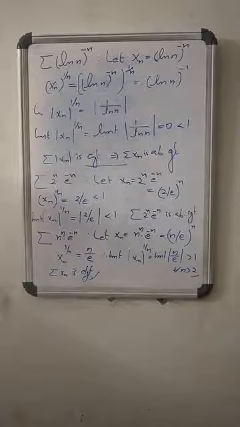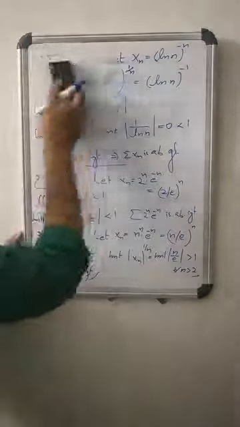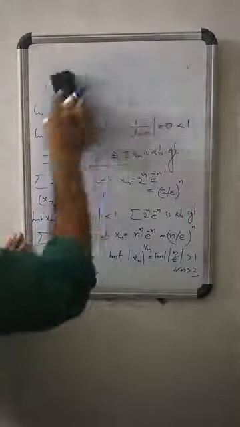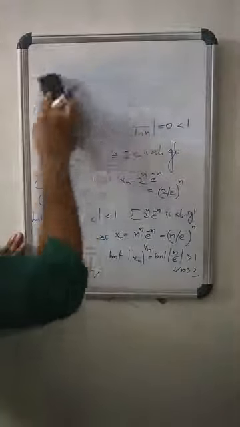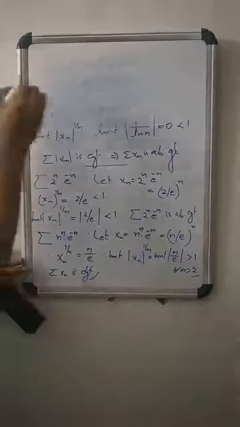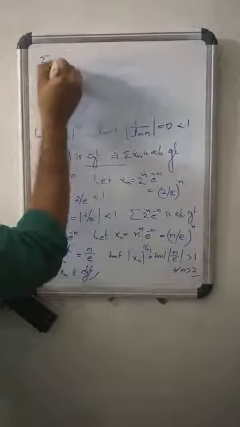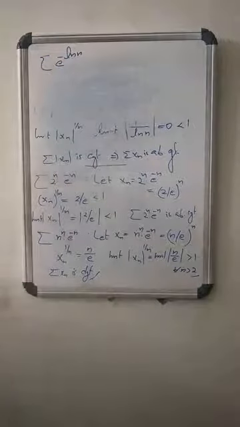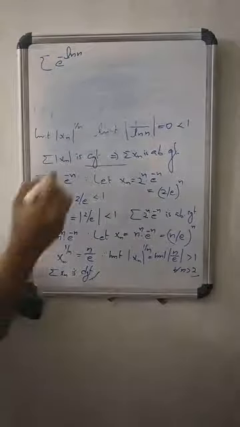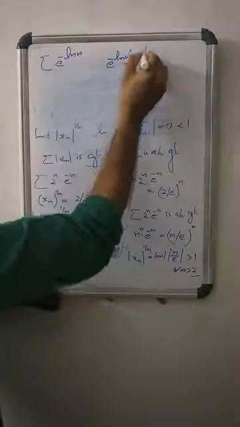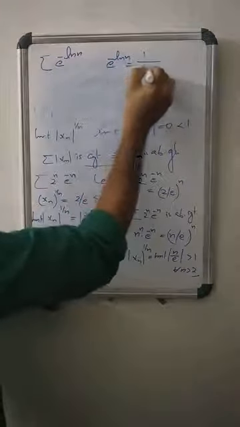Now consider another series, sigma e raised to minus log n. What is e raised to minus log n? E power minus log n equals 1 by e power log n.